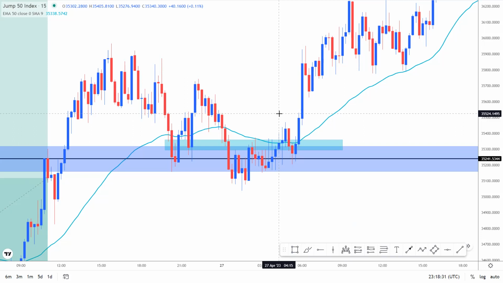The market is fractal. So knowing this, you just take advantage of the knowledge. We had clearly a break of this level, and then at the retest of the level right here, I had my second entry for longs.